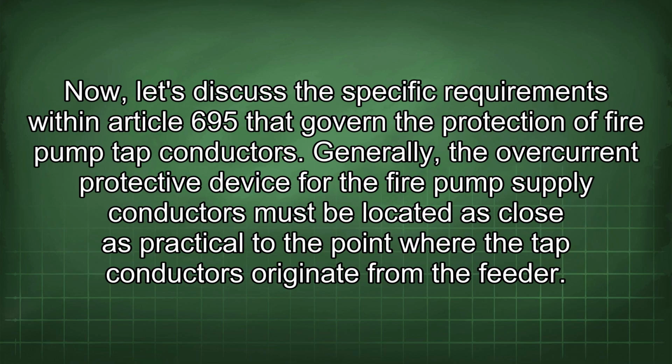Now, let's discuss the specific requirements within Article 695 that govern the protection of fire pump tap conductors. Generally, the overcurrent protective device for the fire pump supply conductors must be located as close as practical to the point where the tap conductors originate from the feeder.